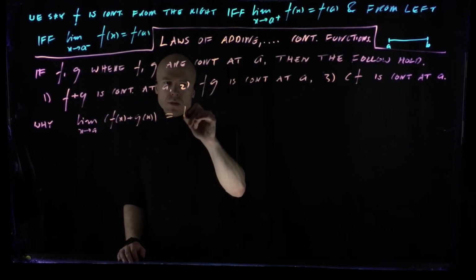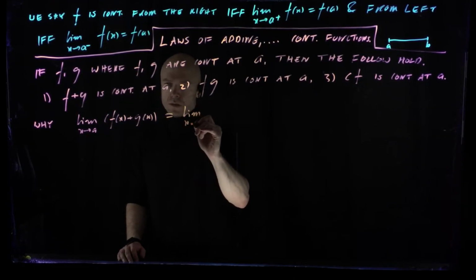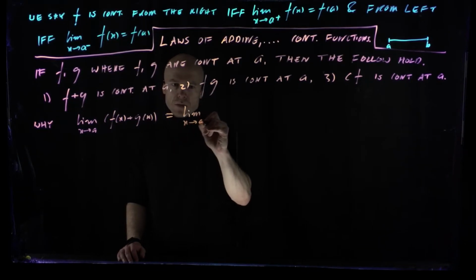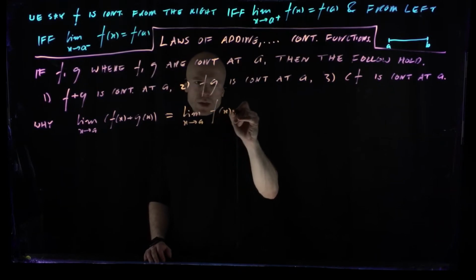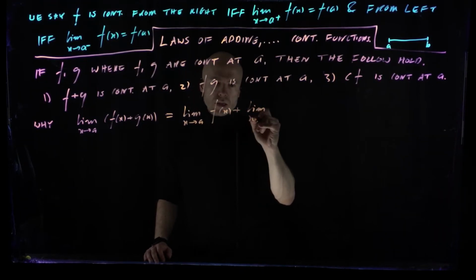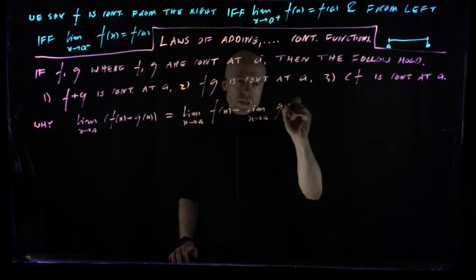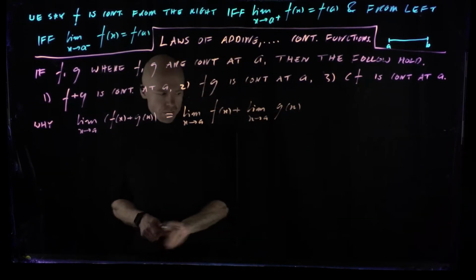This is the limit as x goes to a of f of x plus the limit as x goes to a of g of x, by the limit laws, right?